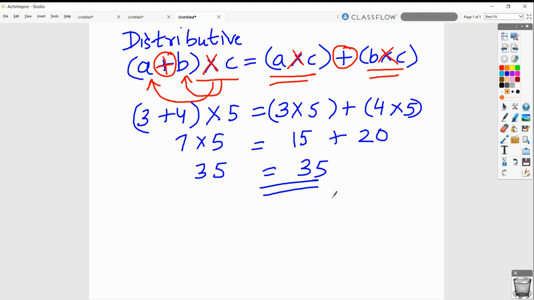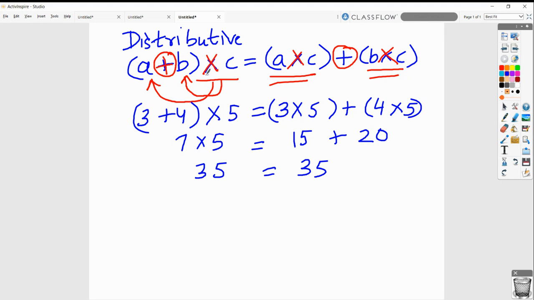See, this means that addition and multiplication are coming for the distributive property, and multiplication is distributive over addition. That's what we say. Multiplication is distributive over addition.